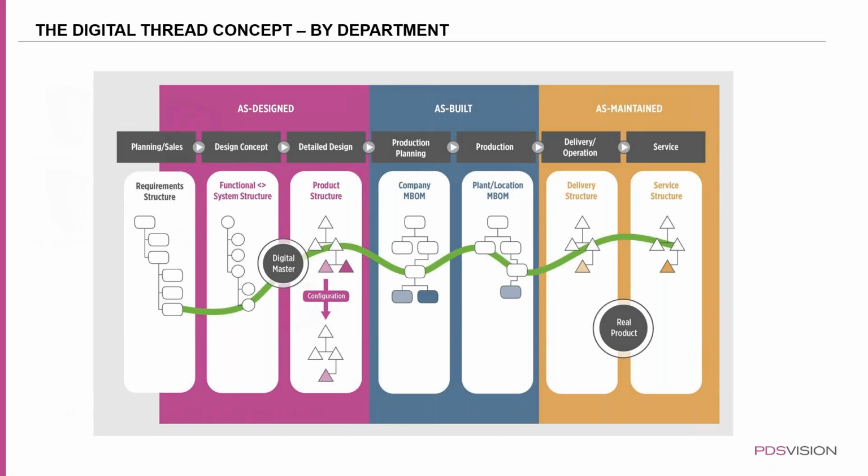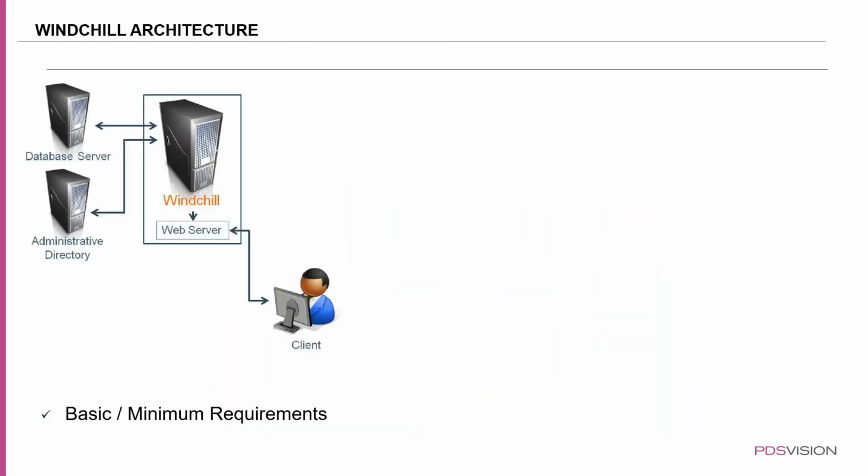Right, jumping back to our topic of today, I want to start off with the Windchill architecture, and talk a little bit about it here. What you're seeing on the screen right now is the basic or minimum required components to be able to have Windchill set up and working.